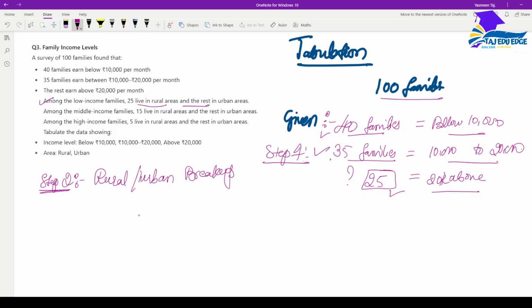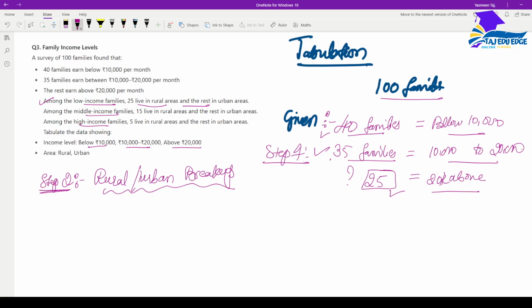We need to divide rural and urban. Among low income families, low income means the least income they have given, below 10,000. Mid income means 10,000 to 20,000. Above 20,000 means high income. Instead of specifying the income, they have indirectly specified something relating to that income only.